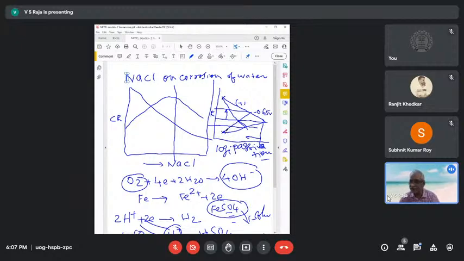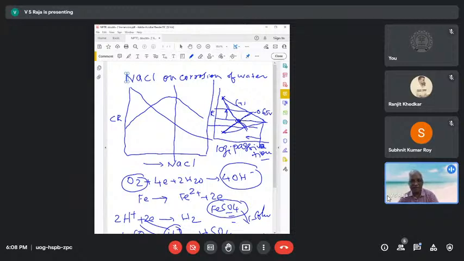Suppose the inhibitor both reduces the anodic reaction and reduces the cathodic reaction. See what happens? The potential almost does not change much. So E corr does not change much. Of course, a slight shift can happen, but it won't be significant.